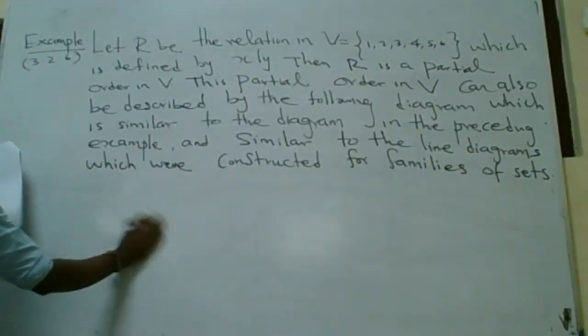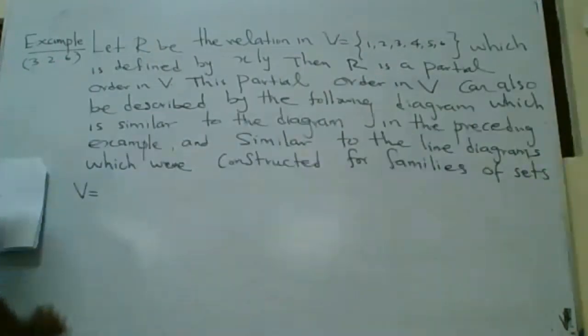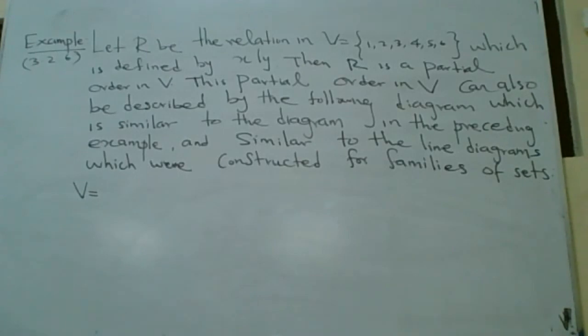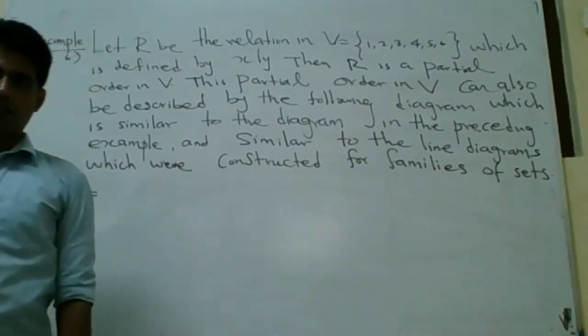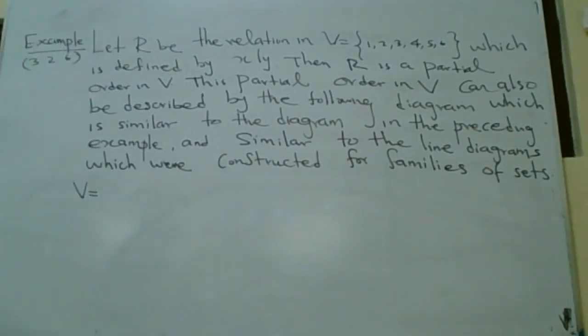And from this one, now you know B. Let R be the relation in B, right? We take elements 1 to 6, which is defined by X divides Y. Then R is a partial order in B. The partial order in B can also be described by the following diagram, which is similar to the diagram in the previous example, right?